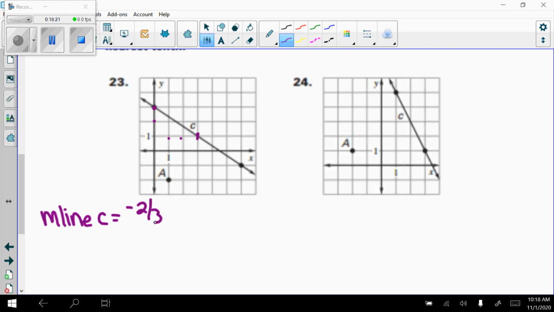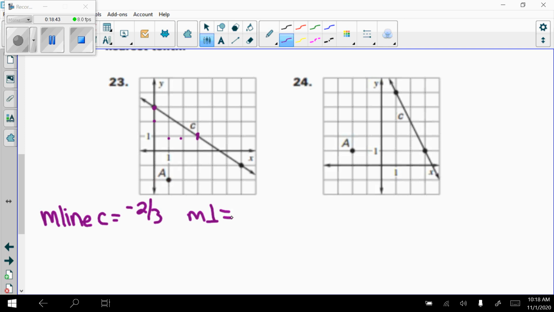So now I want the perpendicular slope because I have to draw the perpendicular line from point A to line C. Remember that for perpendicular slopes, you flip them and change the sign. So it's the negative reciprocal. The slope of line C was negative 2/3. So change the sign of it.